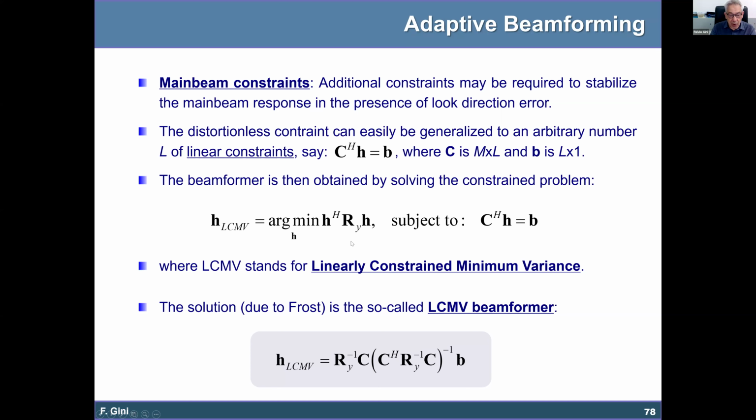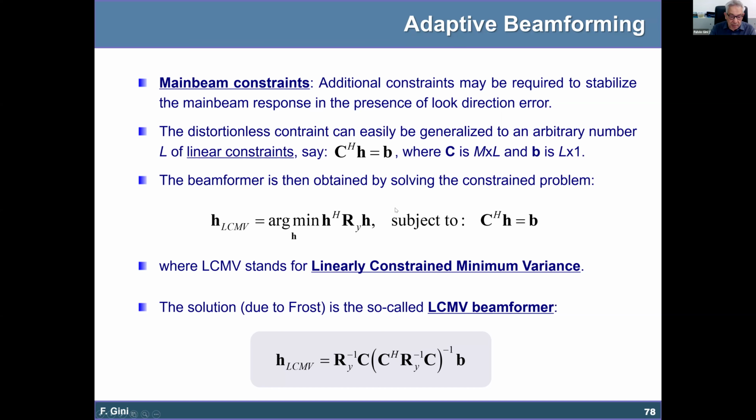So this is the power at the output of the beamformer. So this term here, if you remember, measures the contribution of the interference coming from different angles from the steering angle at the output of the beamformer. And obviously we want to minimize this contribution.